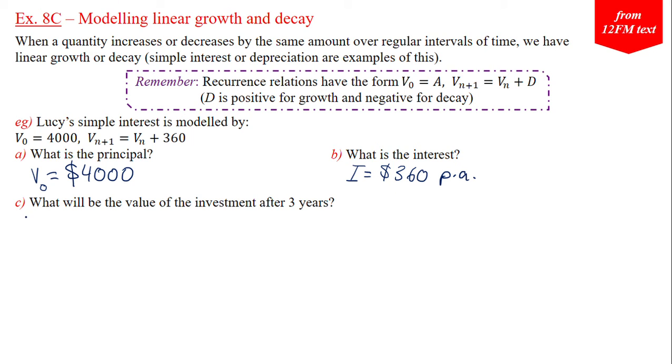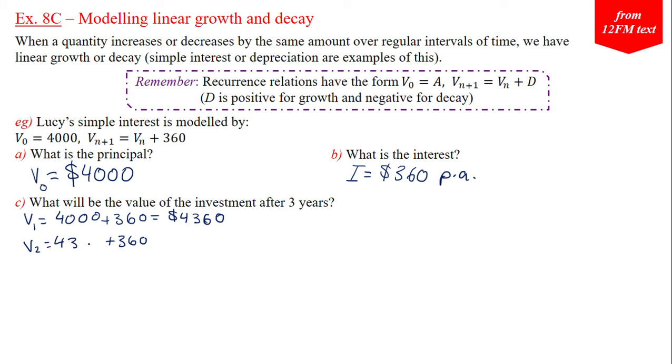So we look at V1 equals 4,000, so the initial value, or the current term, plus the difference, 360, and we get $4,360. V2, we're going to add the difference, so again, 360 to the last term in the sequence.